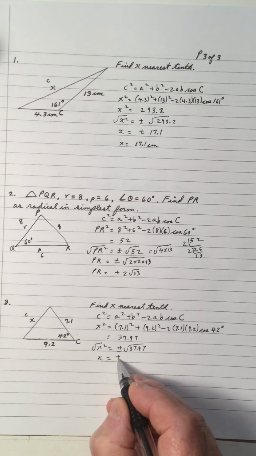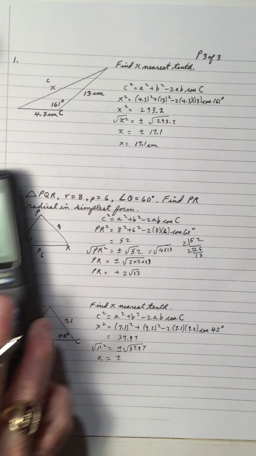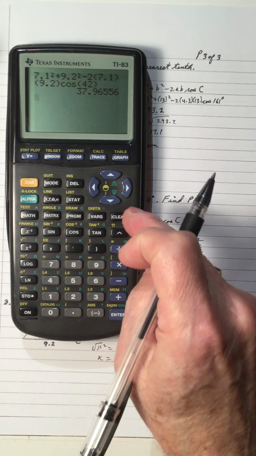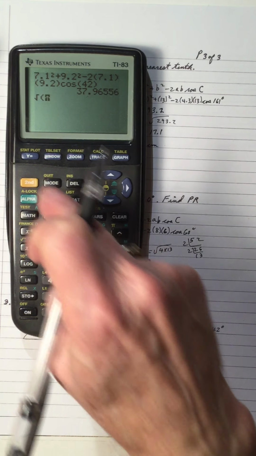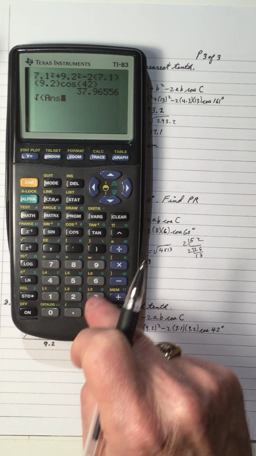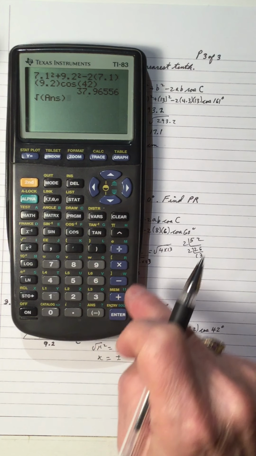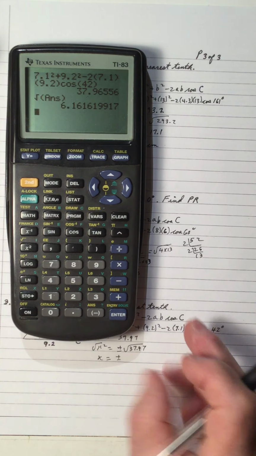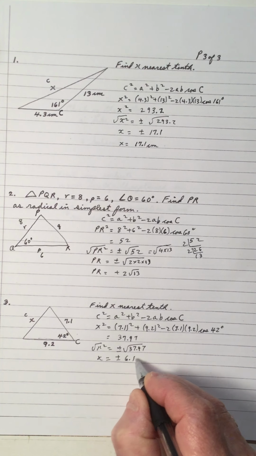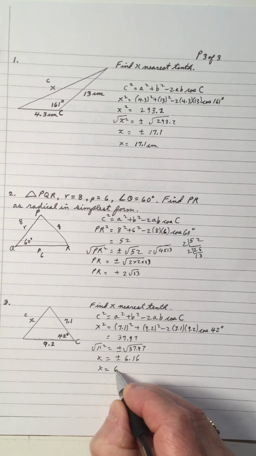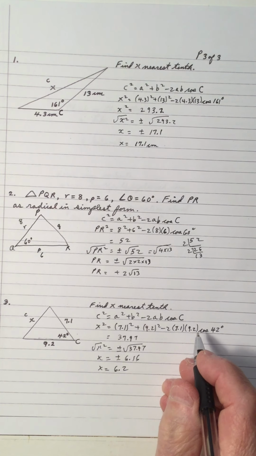So x is plus or minus. So bring back the calculator, and we'll go inverse of the square root, pick up the answer, and we have 6.16. So x is 6.2 to the nearest tenth.